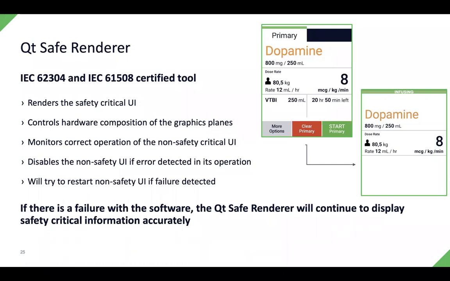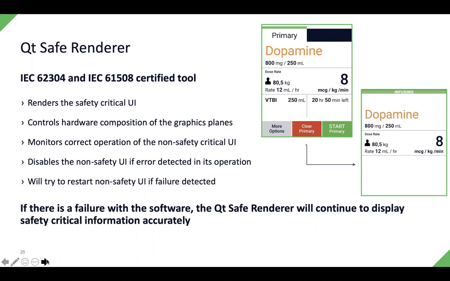At the end of the day, if there's a failure in the software that causes the display to malfunction, whether it be blue screen of death, a reboot, a miscommunication, what is rendered in the Safe Renderer that's marked safety critical will continue to be displayed and continue to be displayed accurately, while the non-safety critical stuff, you're fixing, you're rebooting, or hey, you may be able to swap out the machine, as well.